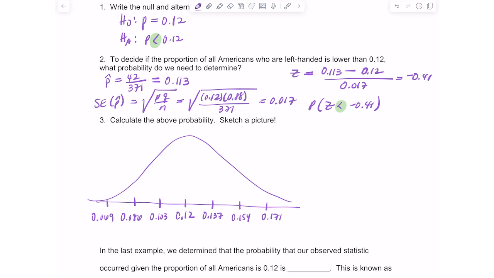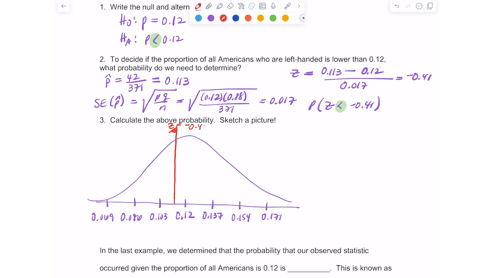So where is p hat exactly? Well, I know 0.113 is in between 0.103 and 0.12, and it's negative 0.41 standard deviations below. So not quite half a standard deviation below. So that's where my z is.